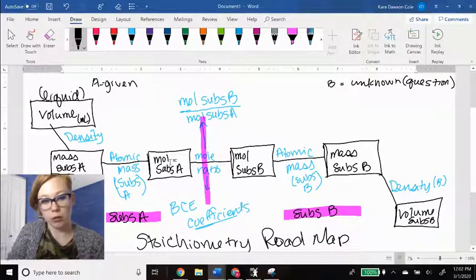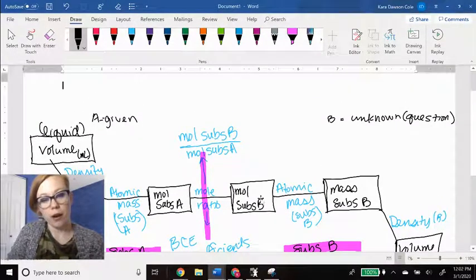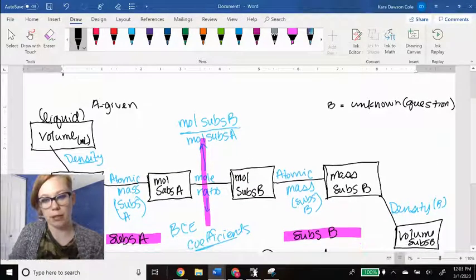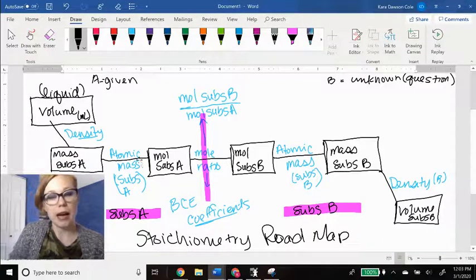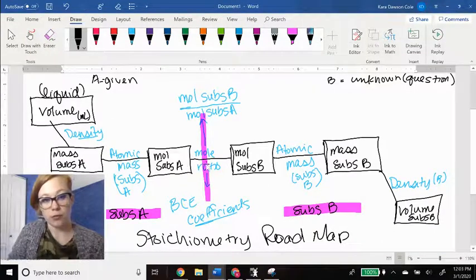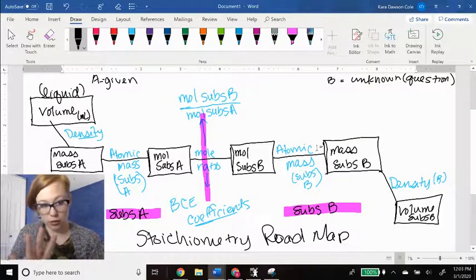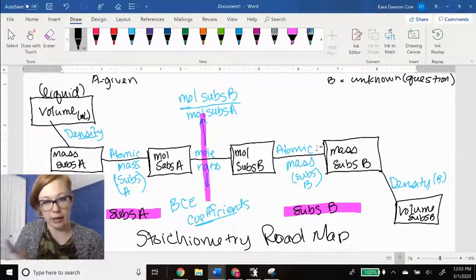Then from moles of substance A to moles of substance B using my mole ratio. And then from moles of substance B to mass of substance B through the atomic mass. So I have 1, 2, 3, 4 different conversions that I need to make.